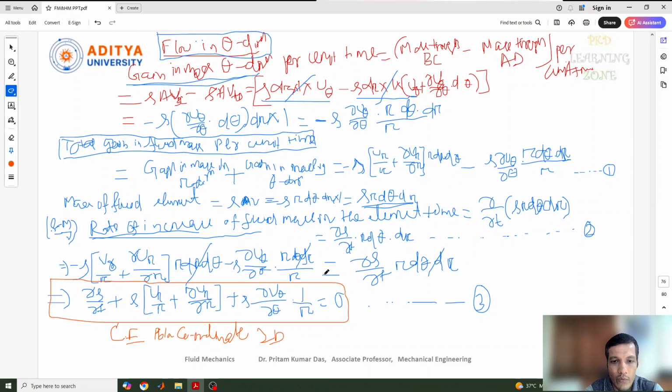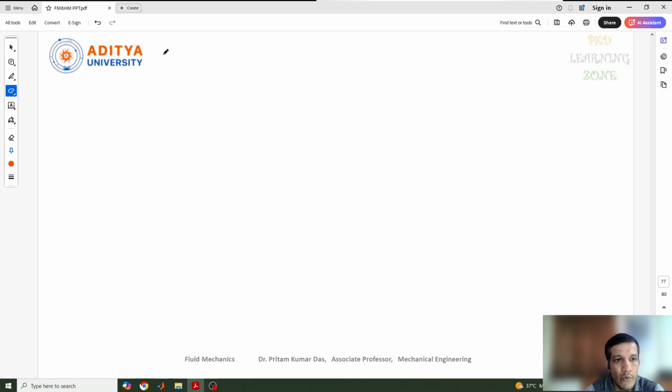Now suppose the flow is steady. Our equation derivation is completed. I'll just tell you the condition: if the flow is steady, we know that del rho by del t, density with respect to time, is going to be 0.